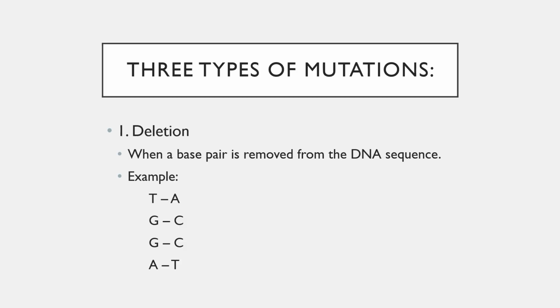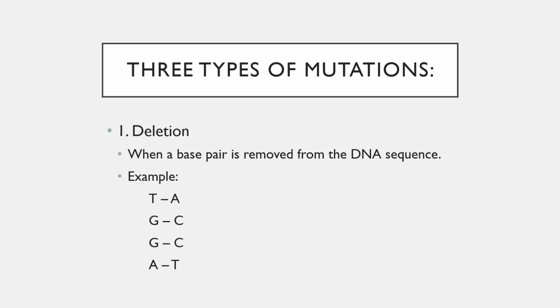So for example, if we have TA, GC, GCAT as our DNA sequence, those are our letters, when DNA replicates and a deletion mutation occurs, it's going to look like this. We'll still have almost all of them. Actually, sorry, I'm going to do this in pen so it doesn't look quite so chunky.